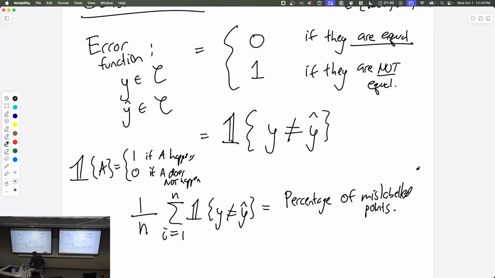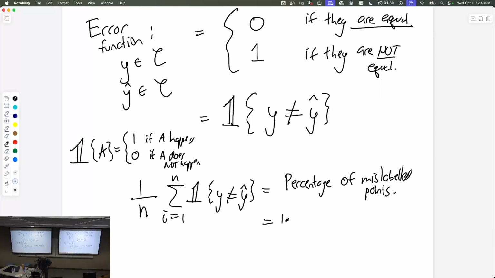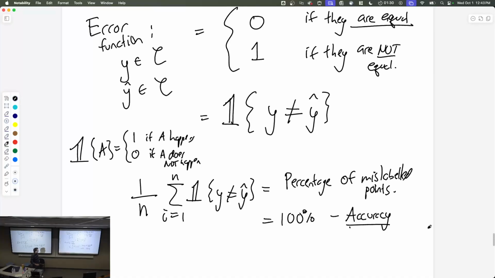Okay. And this is 100% minus the so-called accuracy, where the accuracy is the percentage of correctly labeled points. So our loss function, the thing we're trying to minimize, is 100% minus the accuracy. The thing we are trying to maximize is the accuracy itself.